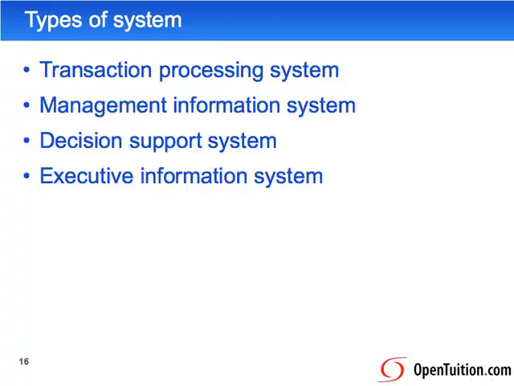Very soon after transaction processing was well established, people began to think that if, for example, we have the receivables ledger in a computerized system, we can use the data which is there to create useful management information. For example, an aged receivables analysis. Management information came into its own in the 1970s.